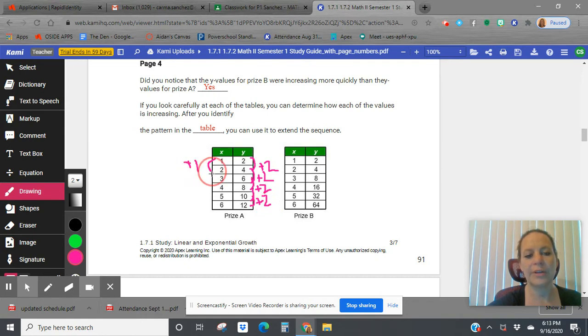Notice it is only increasing by 1, so we're good to go. On this one, it goes from 2 to 4, 4 to 8, 8 to 16. This one is increasing by a multiplier of 2. It's doubling. And also for a change in 1 on the left.